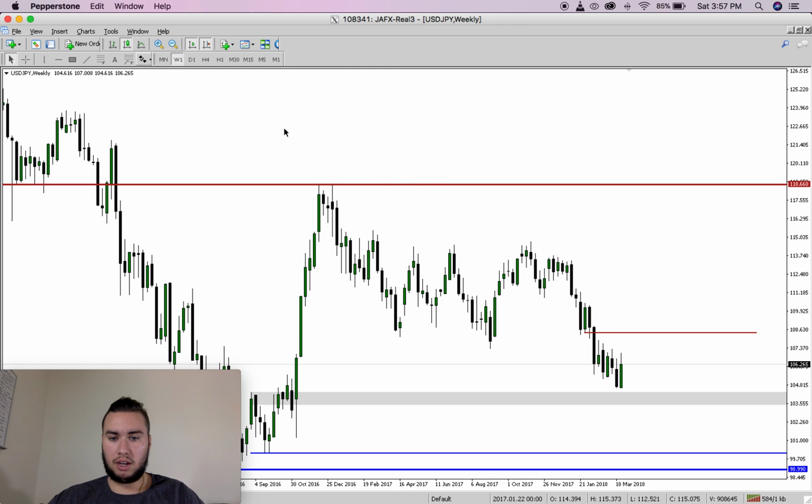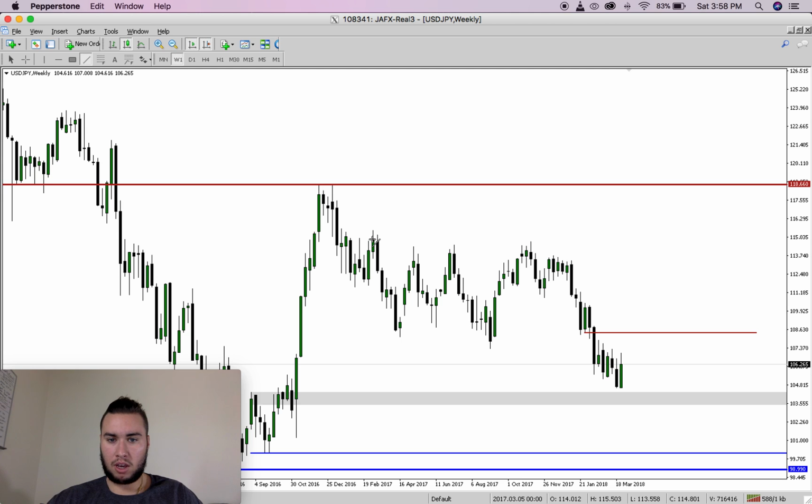So I'll do that, and now we need to mark out any support levels we see. We've already got this monthly bullish order block marked out, and there's really nothing else we need to mark out below price. It's mainly just what's above price.